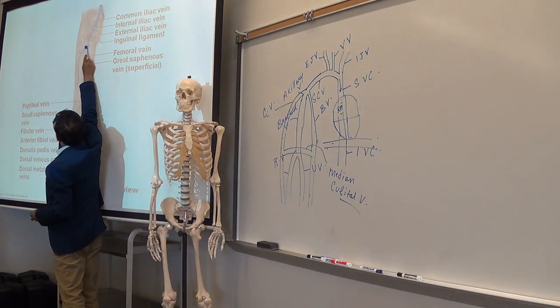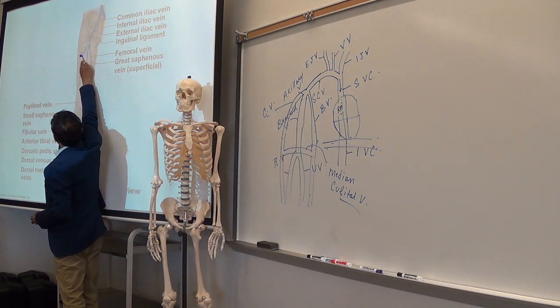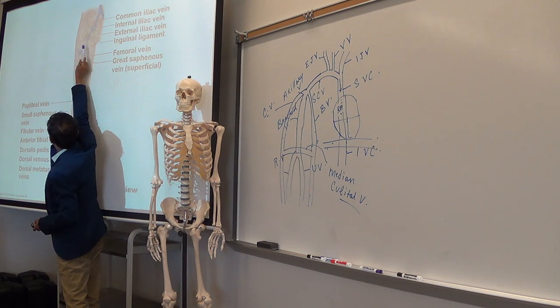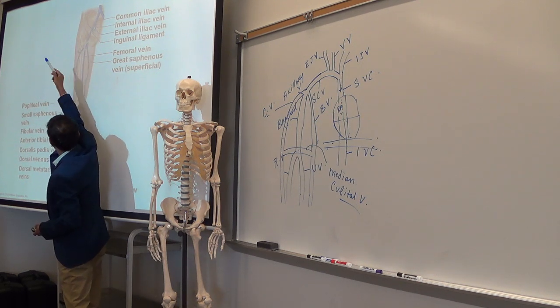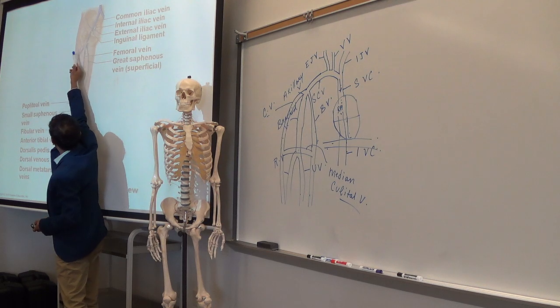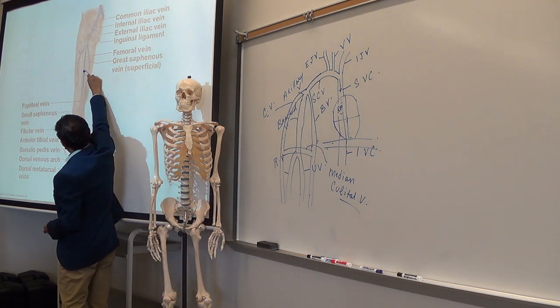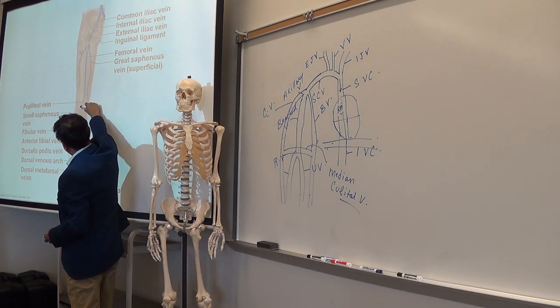From the femoral, there is also another vein, the circumflex femoral. Circumflex means going around the femur. That's why it is called circumflex femoral. Anyway, now you see what happens to the femoral vein.